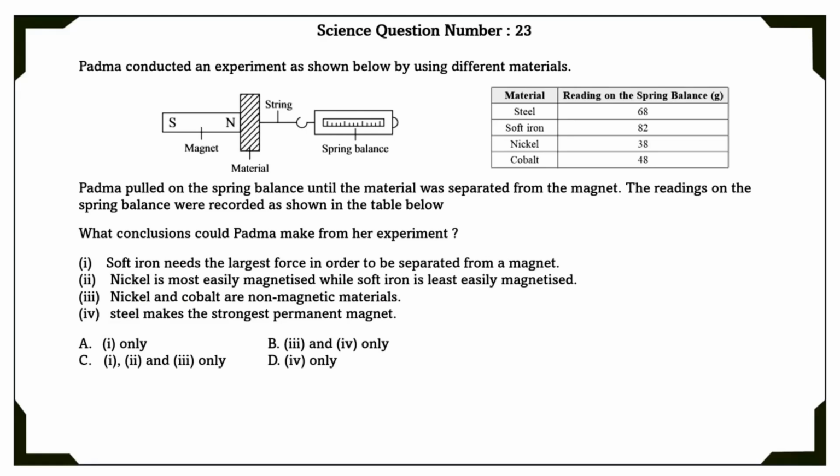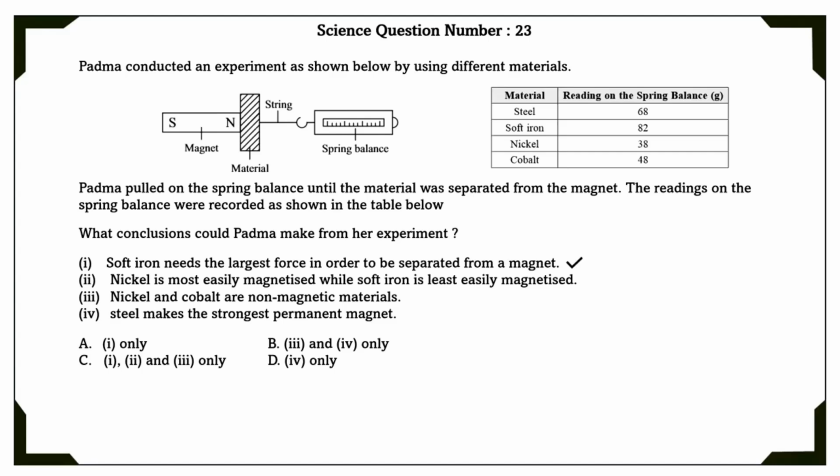Science question number 23. Padma conducted an experiment as shown below by using different materials. Padma pulled on the spring balance until the material was separated from the magnet. The readings on the spring balance were recorded as shown in the given table. What conclusion could Padma make from her experiment? First one, soft iron needs the largest force in order to be separated from a magnet.